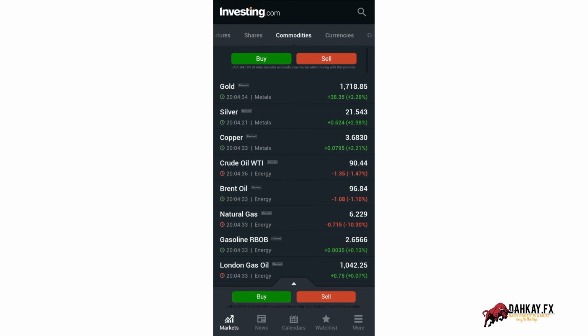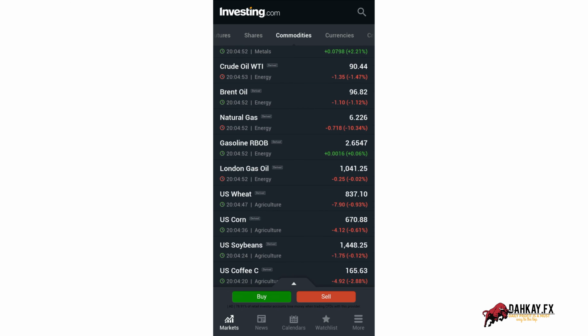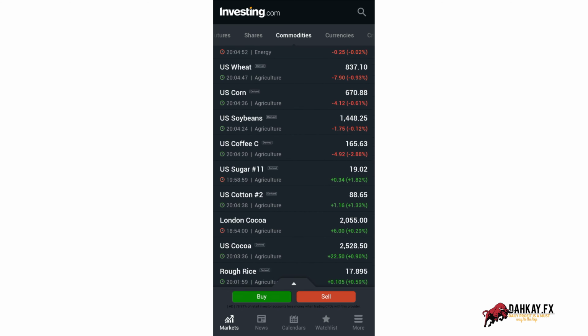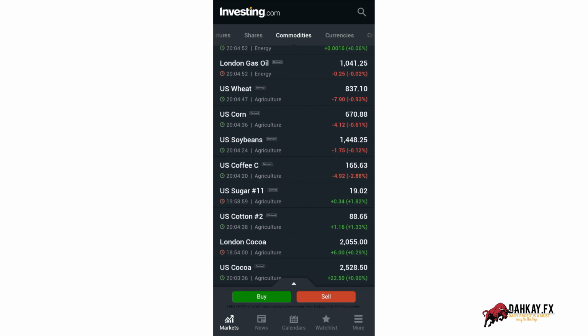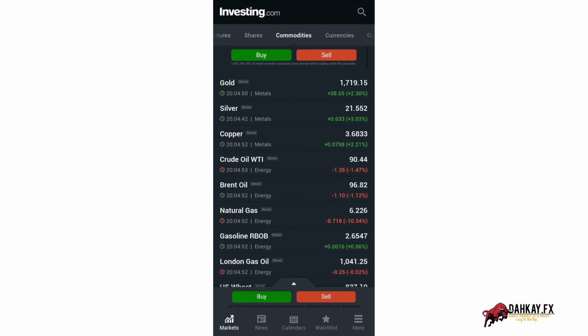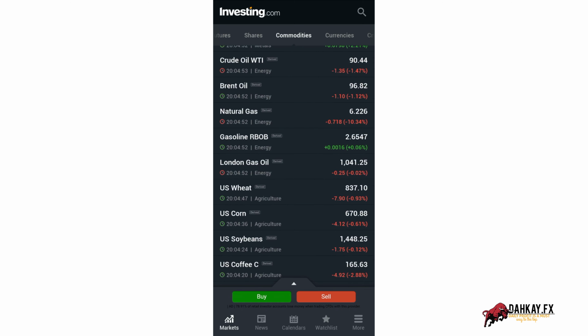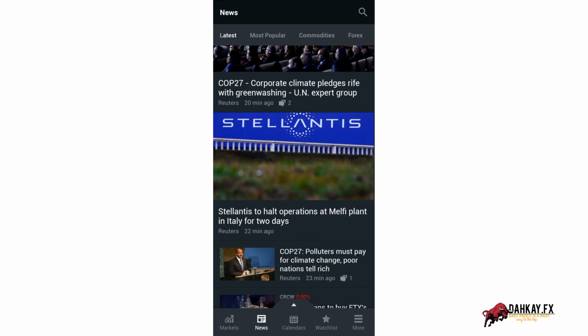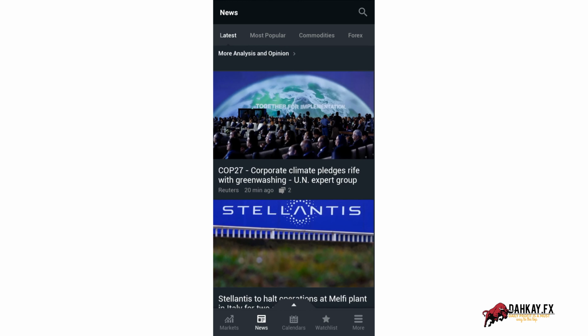Right now I'm in the market section, but this is not what we'll be focusing on today. These are just updates of the recent prices of certain currencies. If you want to see the price of a certain currency, you come to this market, and if you want news, you go to news.